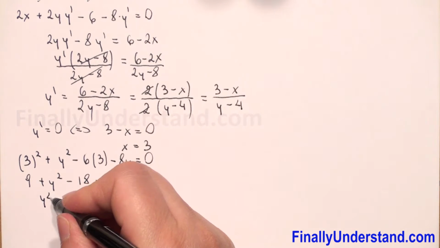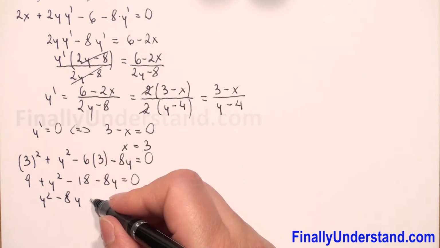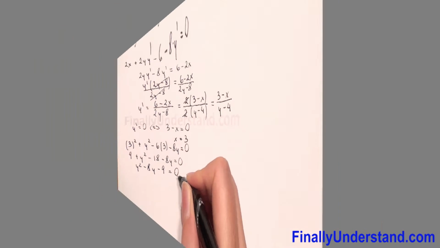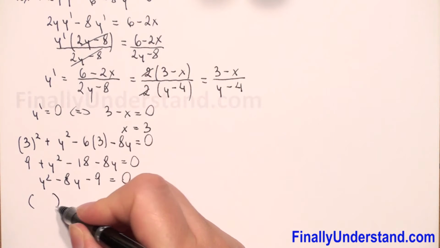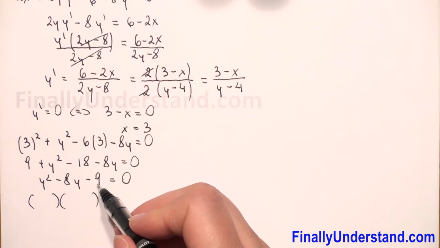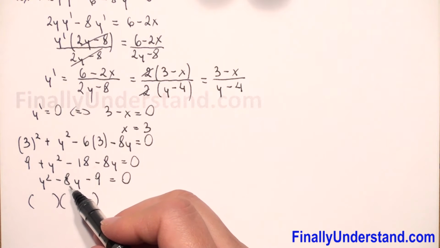So we have y squared minus 8y minus 9 equals 0. So we have to find two numbers which multiplied by each other give negative 9, and when I add them I will have negative 8.